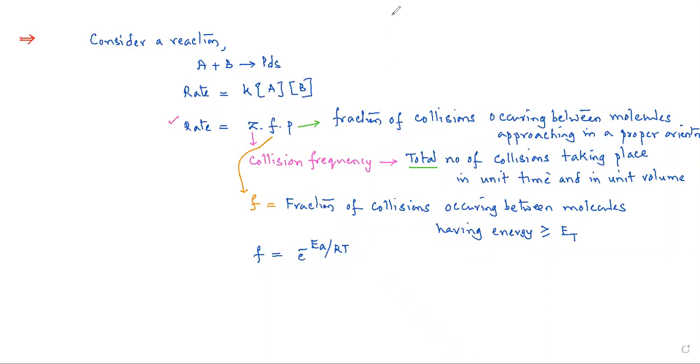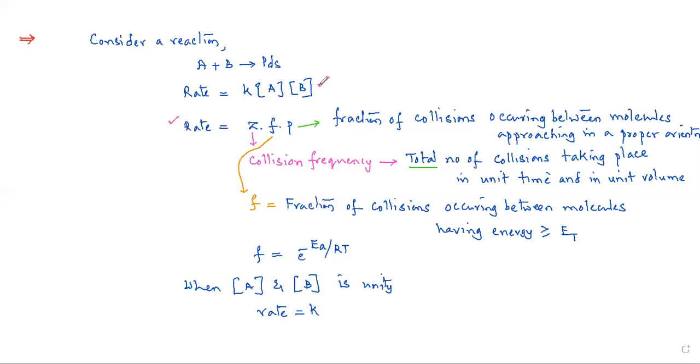Now, when concentration of A as well as that of B is unity, I mean 1 M, rate becomes equal to K, considering this expression.